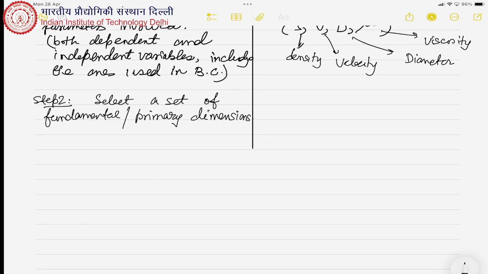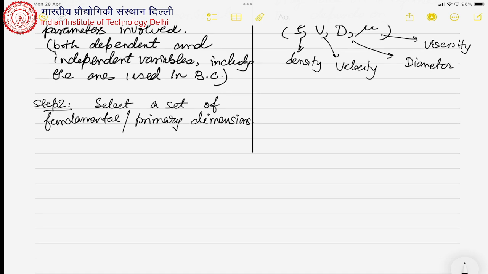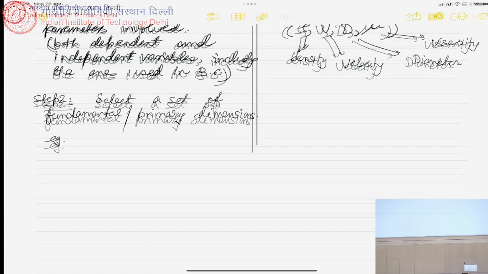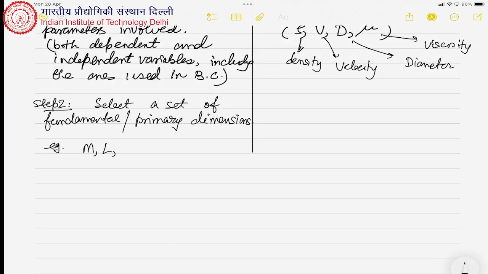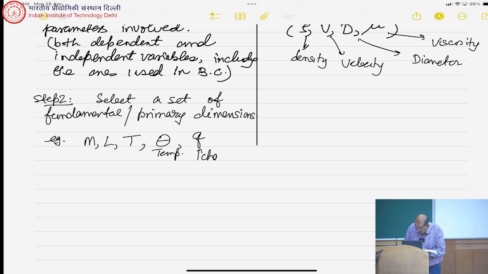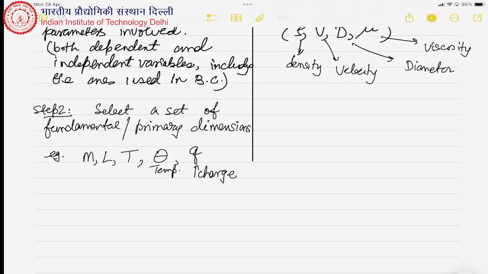And the fundamental dimensions which we normally use, for example, mass, length and time, maybe theta if there is temperature, q if there is some electric charge involved.